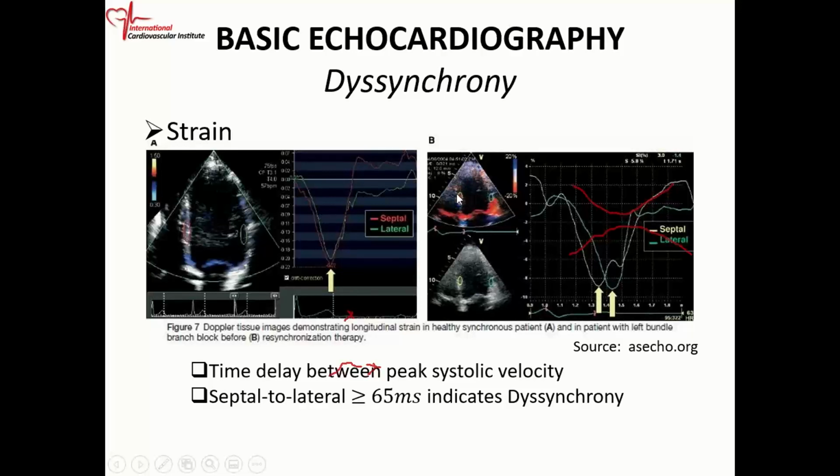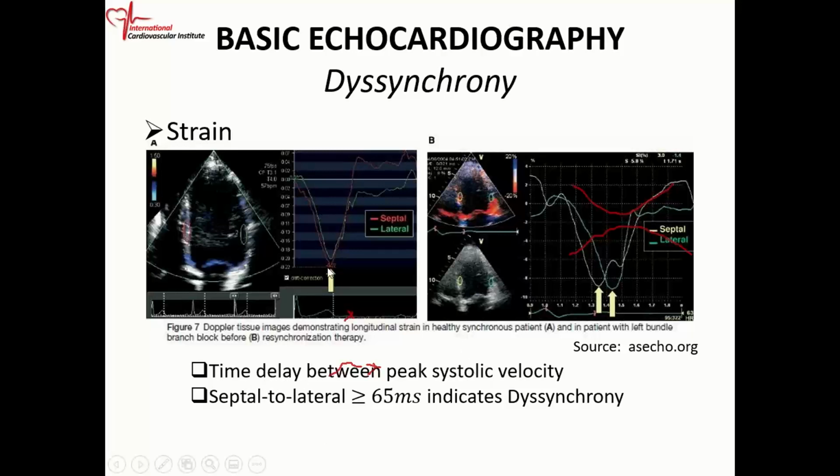which is different from if you look at over here now. You're still looking at the septum and the lateral wall. Septum is in yellow, but the septum peak is right there. Lateral wall peak is right there. So they're not contracting at the same time. Okay, so you can use strain to look at dyssynchrony. So you can see that there's a time delay between the peak systolic velocity.